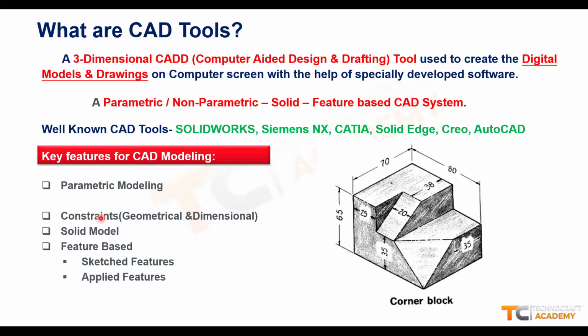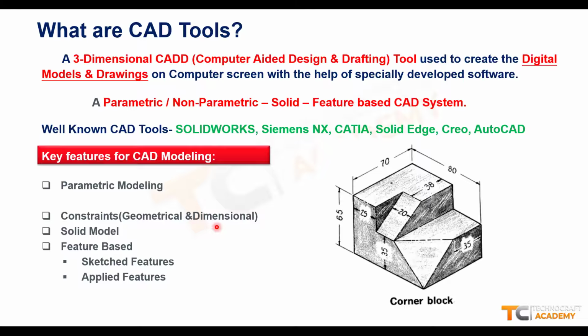So we have constraints. What exactly is a constraint? In constraints we have two types, geometrical constraints and dimensional constraints, right? Can someone give an example for geometrical constraints and dimensional constraints? What do you think about them?